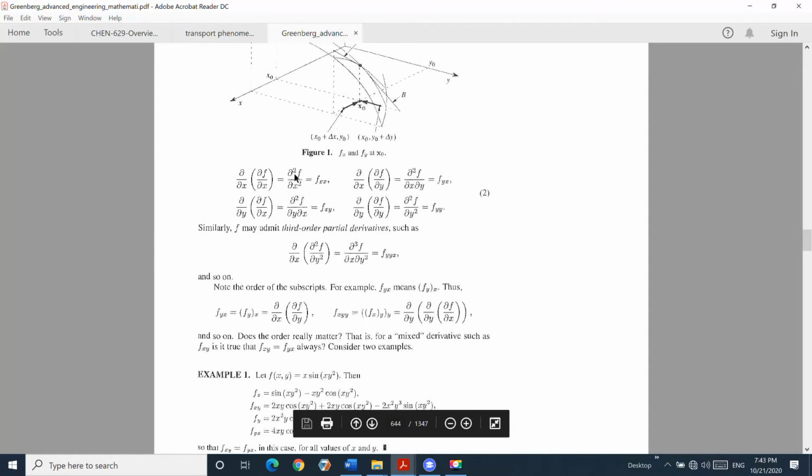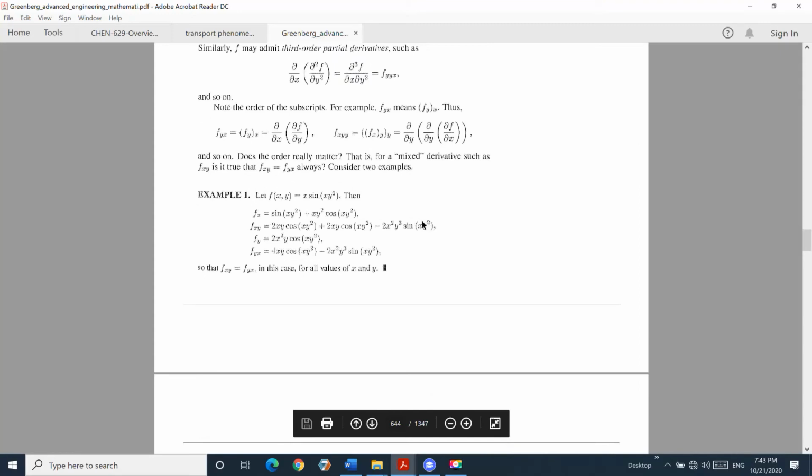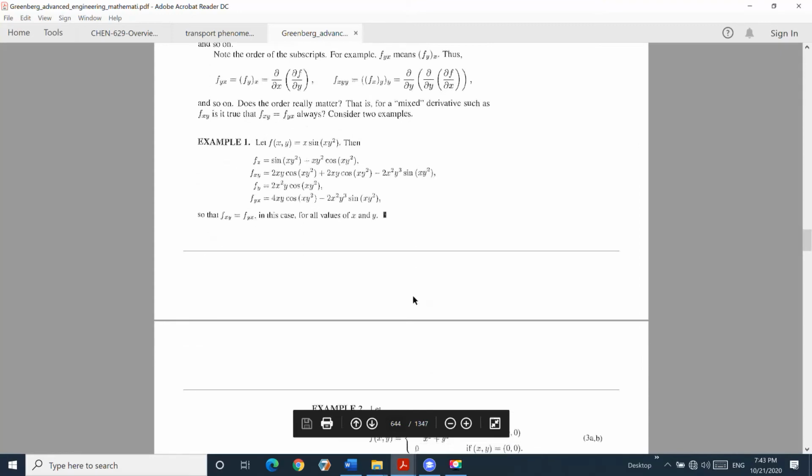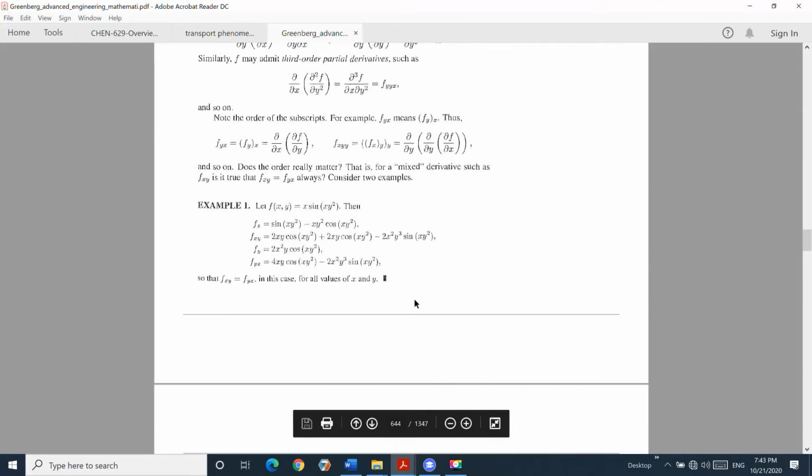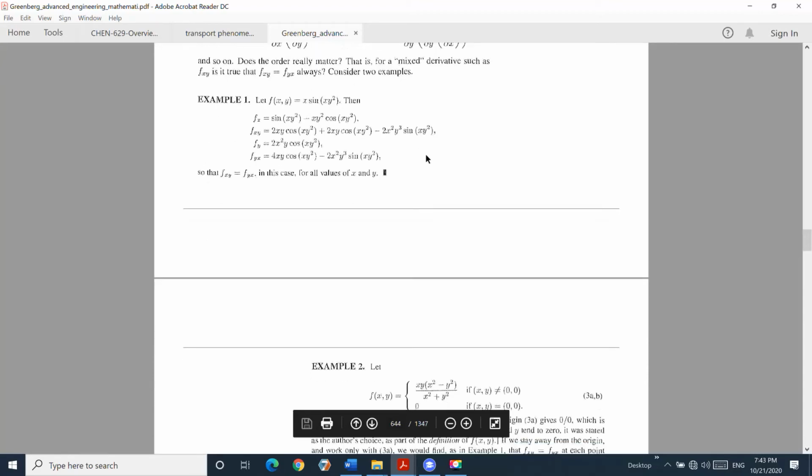And these are the second order partial derivatives. They can be represented like this, or fxx, or fxy, or fyx, or fyy. You can go here for the higher order representation of the partial derivatives.